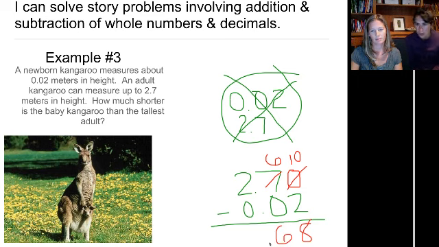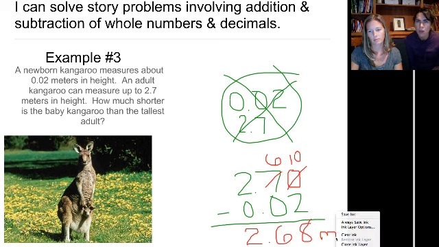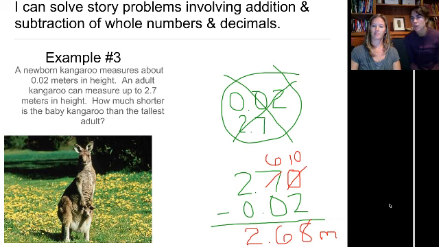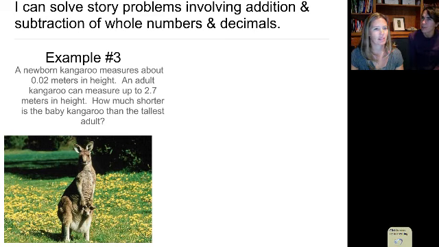We can bring down our decimals, and now we just have 2 minus 0 equals 2. So now, how much shorter is the baby kangaroo than the tallest adult? It is 2.68 meters shorter.